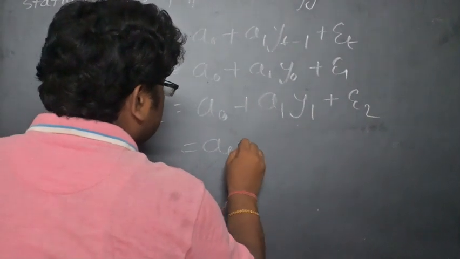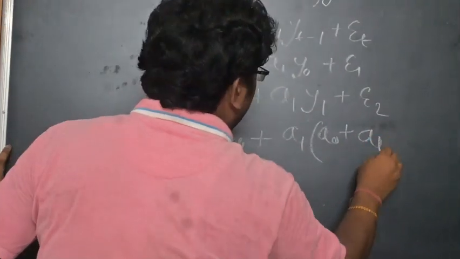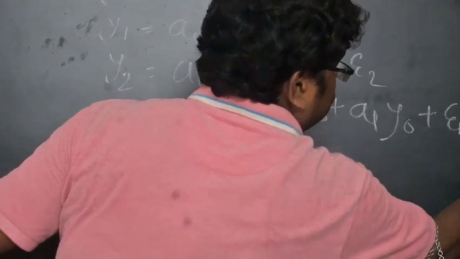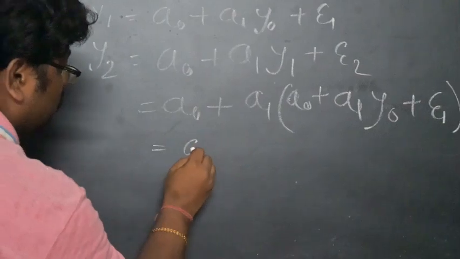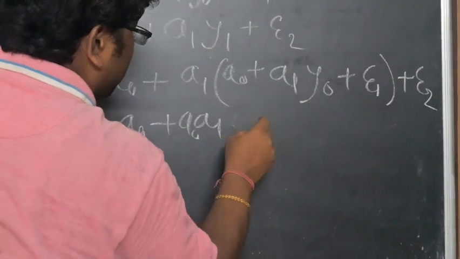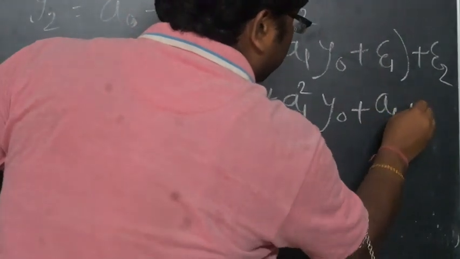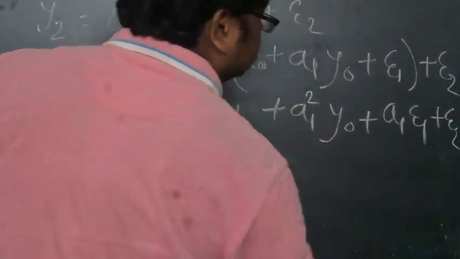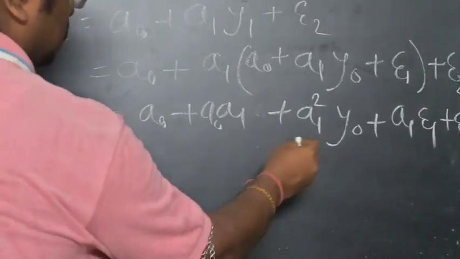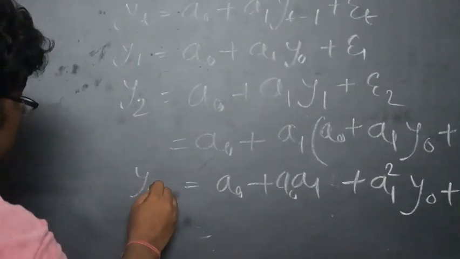Y1 equal to a0 plus a1 Y0 plus epsilon 1, so Y2 equal to a0 plus a1 a0 plus a1 square Y0 plus a1 epsilon 1 plus epsilon 2. This is the value of Y2.